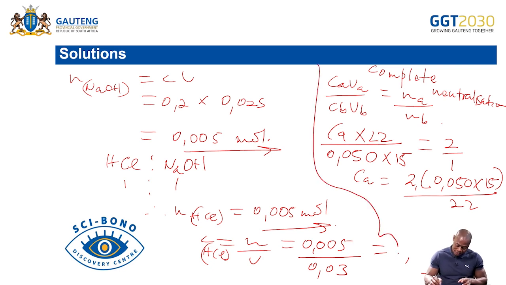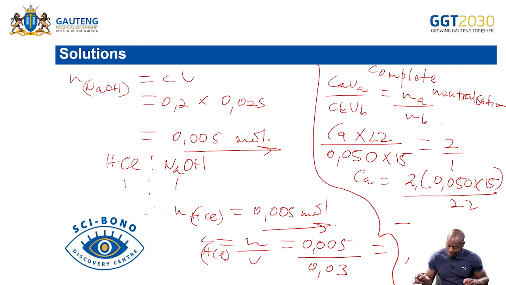But where should you start? Start by calculating the concentration of the standard solution. Move with that concentration, and then from there, calculate the number of moles in 15 cubic centimeters of that solution using the same concentration. Then get the number of moles of sodium carbonate, use the mole ratio to get the number of moles of hydrochloric acid, and then from there get the concentration of hydrochloric acid.